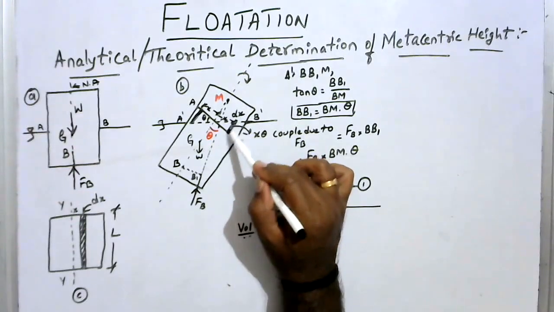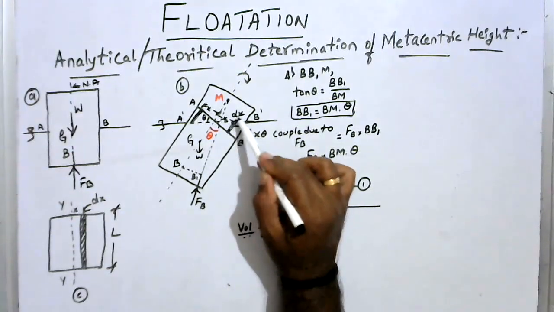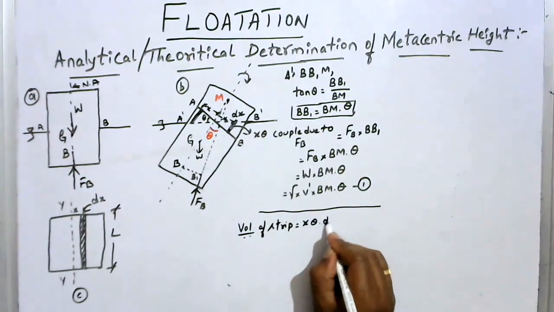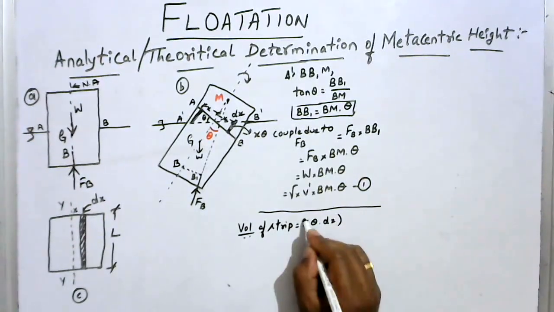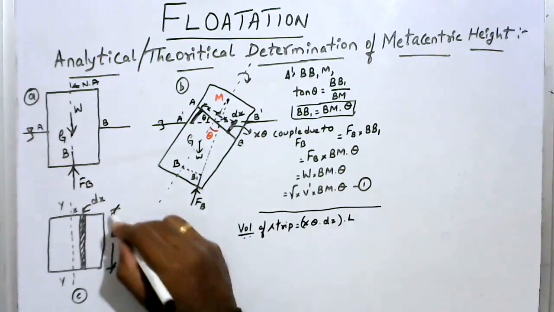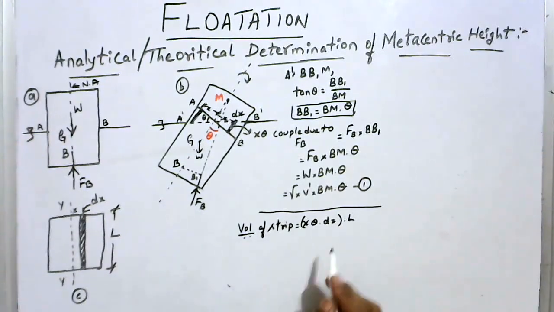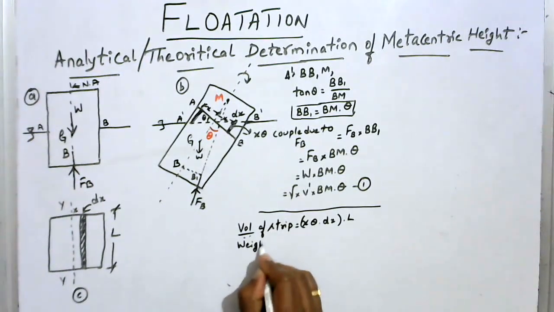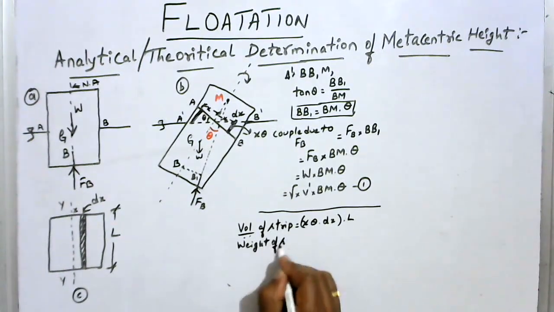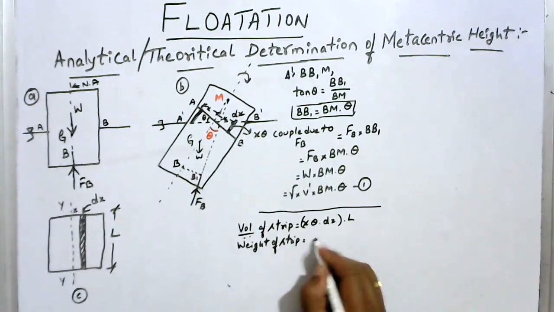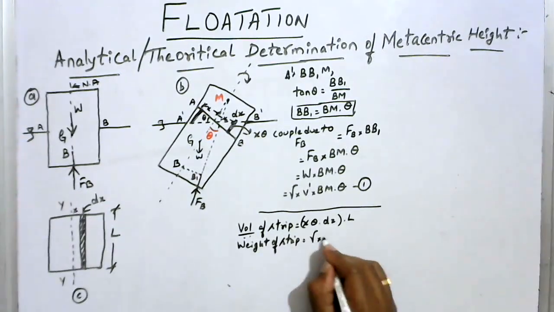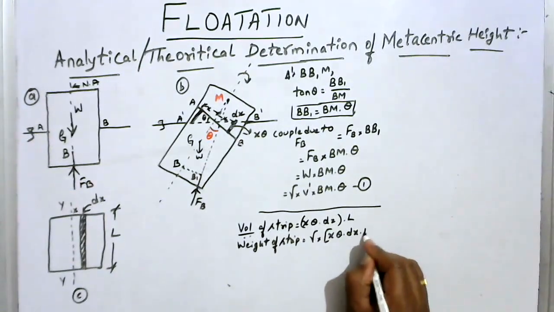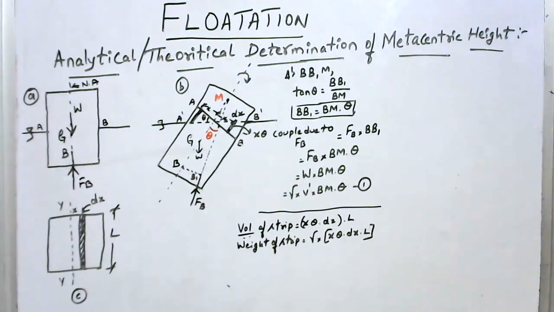This height multiplied by the thickness. The height is x theta into dx, and the area multiplied by the length of the strip will give the volume of the strip. Next, I'll consider the weight of the strip, which is equal to density multiplied by volume, that is x theta into dx into L.